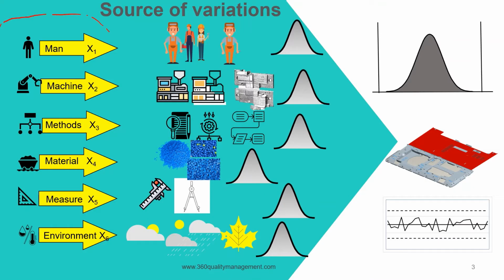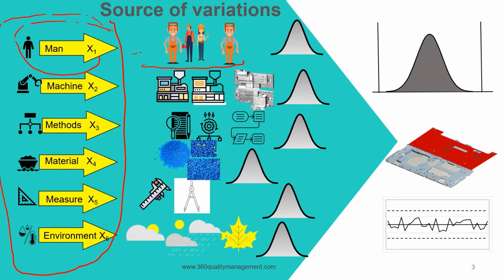Each of the process inputs that we see here, the man, machine, method, material, measurement, will have some kind of variations. For example, for man, it could be different operators or even the same operators, but they could be operating slightly differently from time to time.